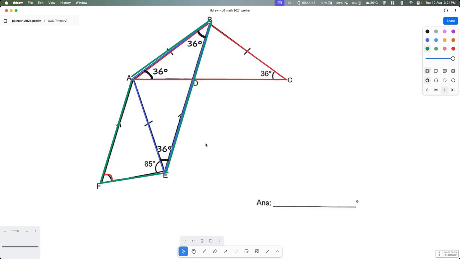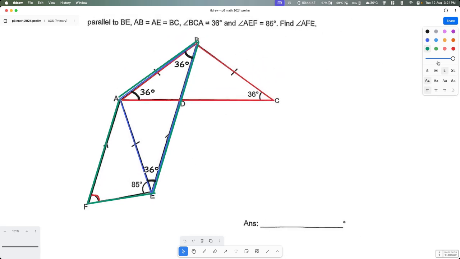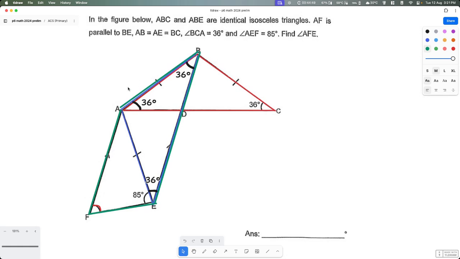What I'm going to write here is angle BAE is equal to 36 degrees.